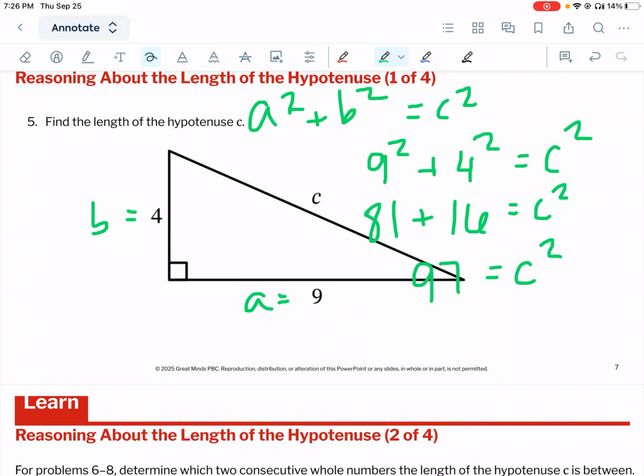Now, if I want to just get c, which is what it's asking for, c would equal the square root of 97 because we just need the value of one of them.